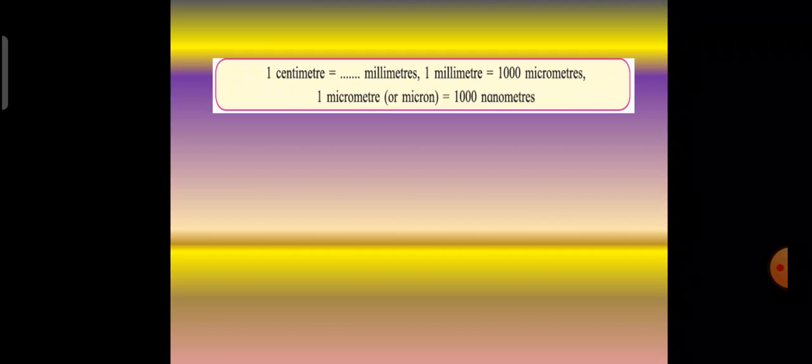So 1 centimeter is made up of 10 millimeters. Now 1 millimeter, you all must have seen on the ruler from your compass box. So 10 millimeters make 1 centimeter, this you know. But the unit lower than 1 millimeter, you cannot see on your ruler. 1 millimeter is made up of 1000 micrometers.